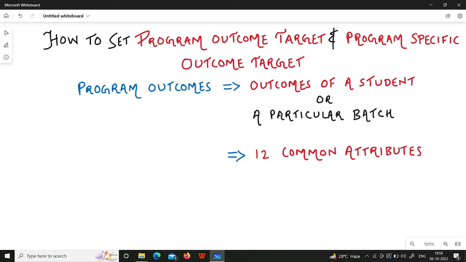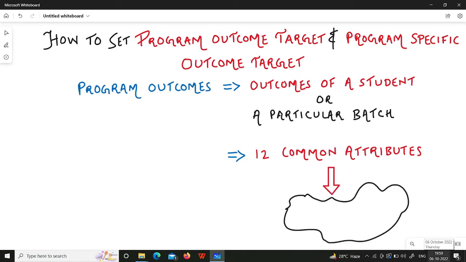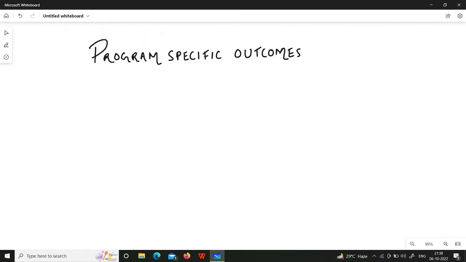It is common for all engineering, and these 12 attributes have been defined based on the exposure of the student during the 4 years: what subjects the student has studied in the 4 years, what activities he has performed during the 4 years. Based on the activities and the subjects that he has studied, these 12 common attributes have been designed.